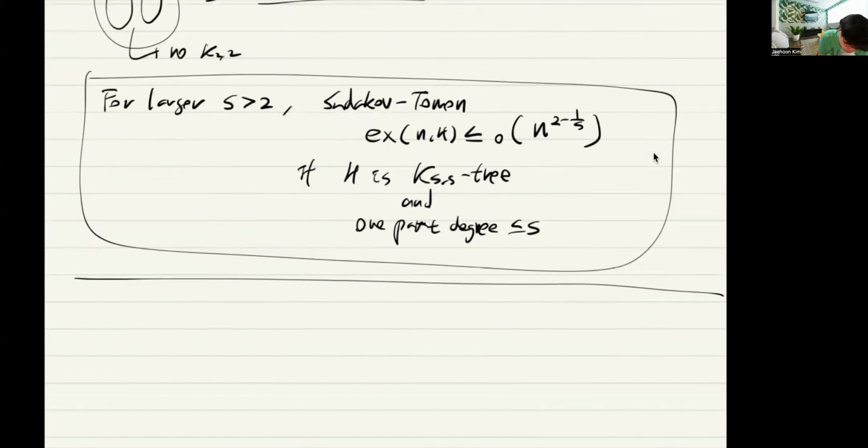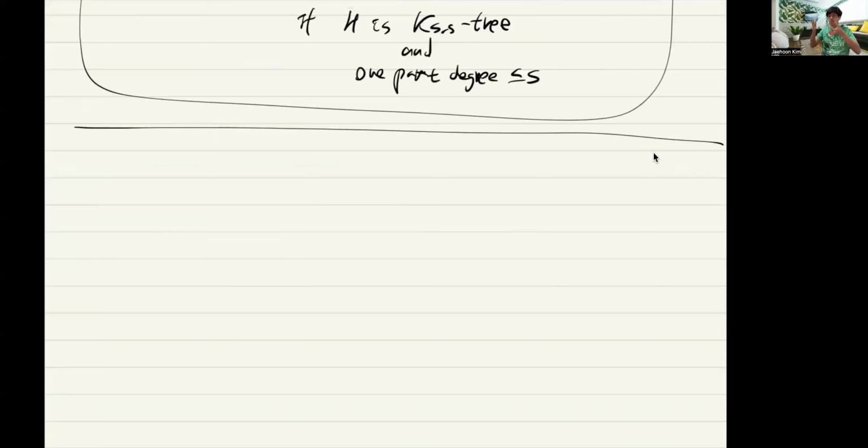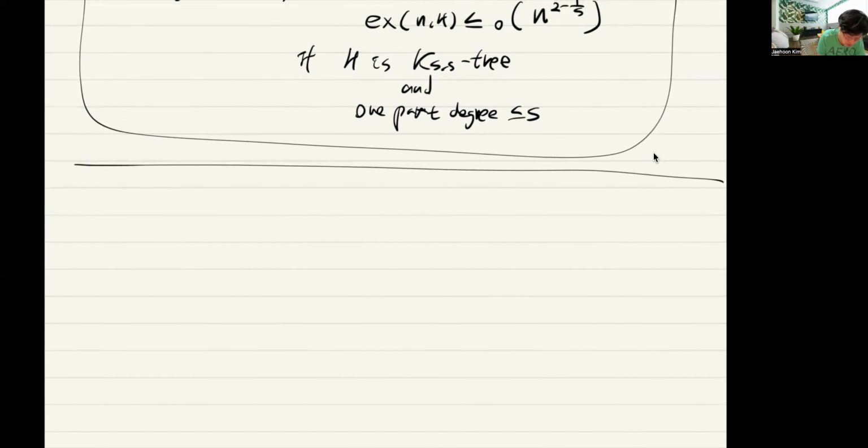And here we consider the case that all the vertices on one part have degree at most s. And such a bipartite graph is s-degenerate. You can take a vertex of degree at most s and then peel off repeatedly until you get nothing.